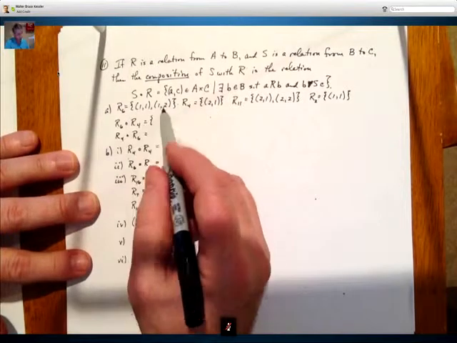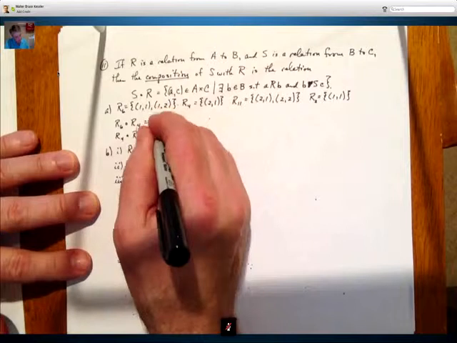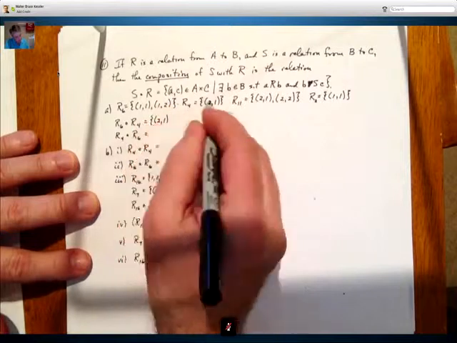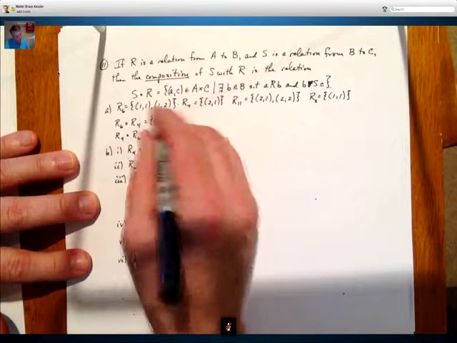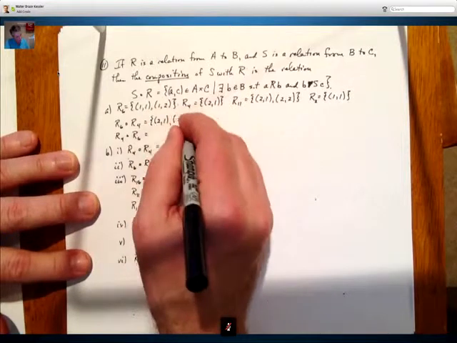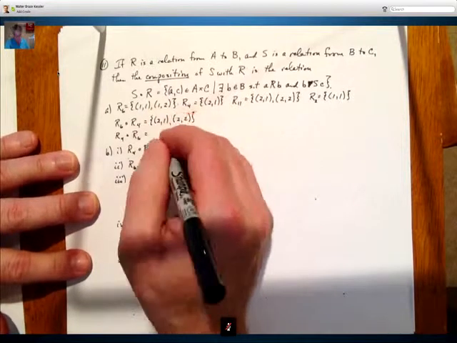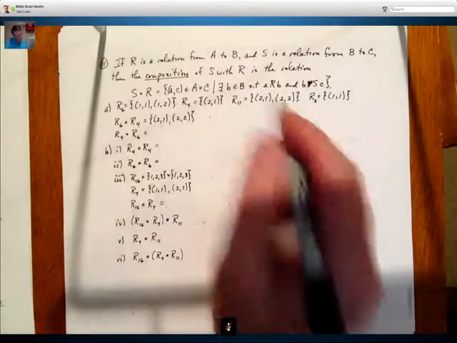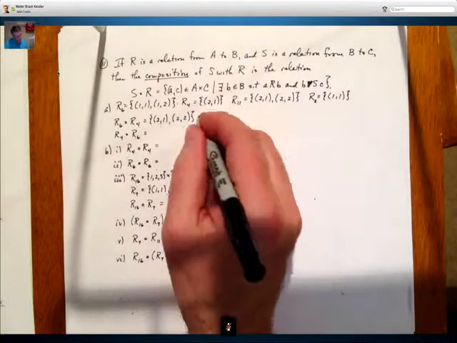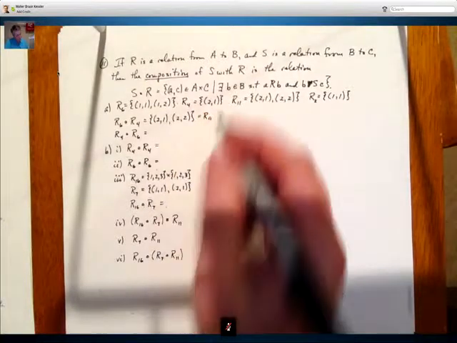And when we look at R6, 1 is connected to both 1 and 2. So we've got 2, 1 and 2, 2. Which I think is then R sub 11, right?